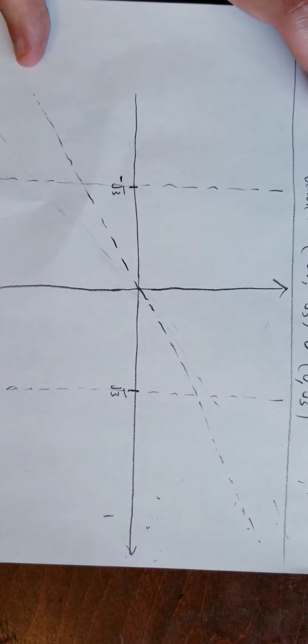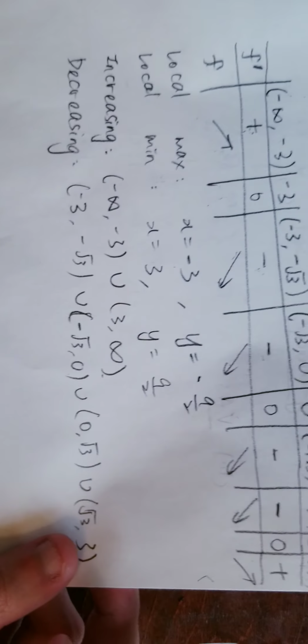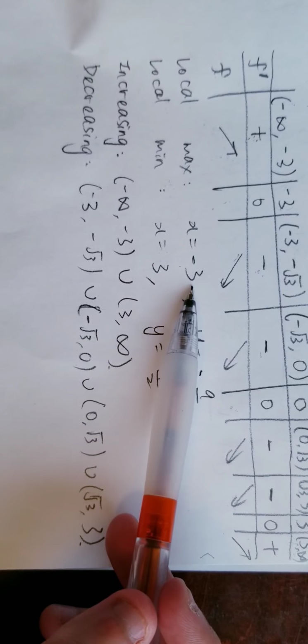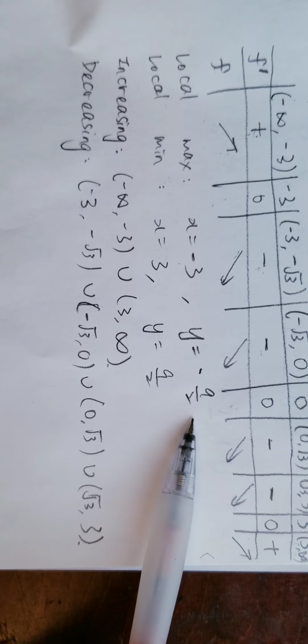Okay, and now I'm going to put in the local max and min. If you go back to your computations, you see that the local max happens at x equals negative 3 and the y value is negative 9 over 2. So negative 3 is somewhere here, and negative 9 over 2 should be here.